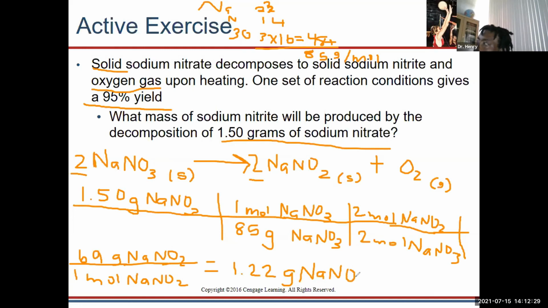Okay, so this is my theoretical, or ideal. And it says I have 95% yield. So that's 95% equal to my actual, which is what I don't have, over my ideal, which is 1.22.